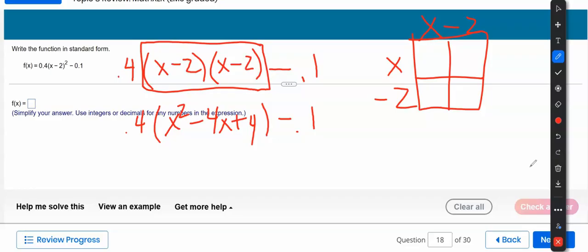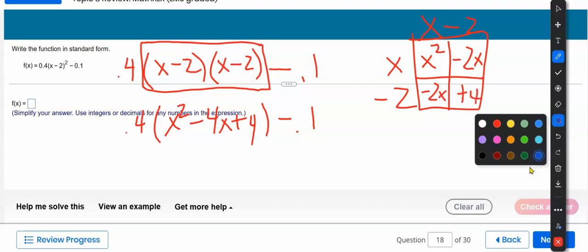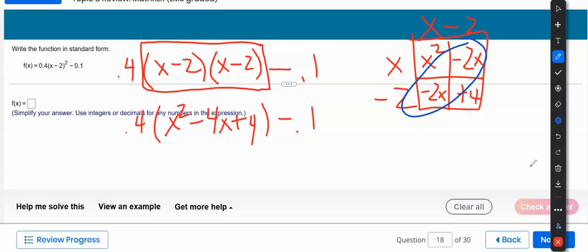Wait, the x's are kind of getting me confused. Okay? So we get x squared minus 2x, and a plus 4. Yeah. See how these two can be added together? Yeah, so then it'd be negative 4x. Yes. So that's where I got this part inside the parentheses.